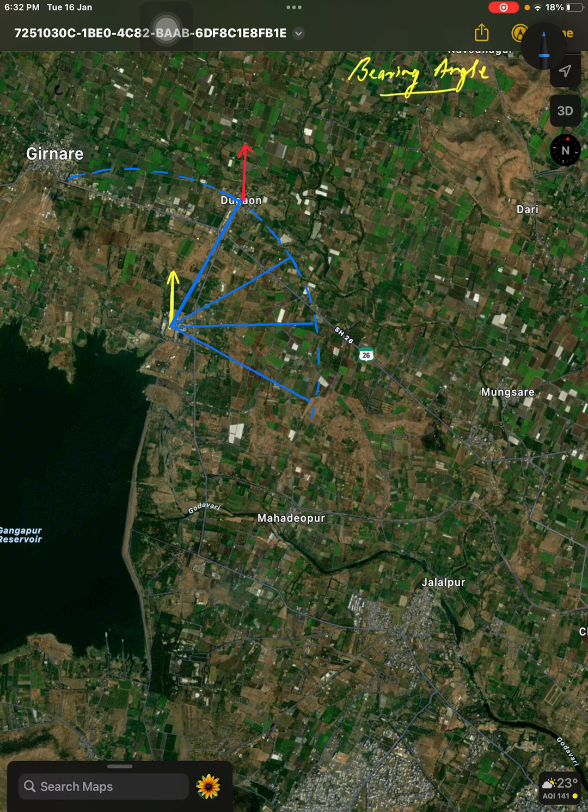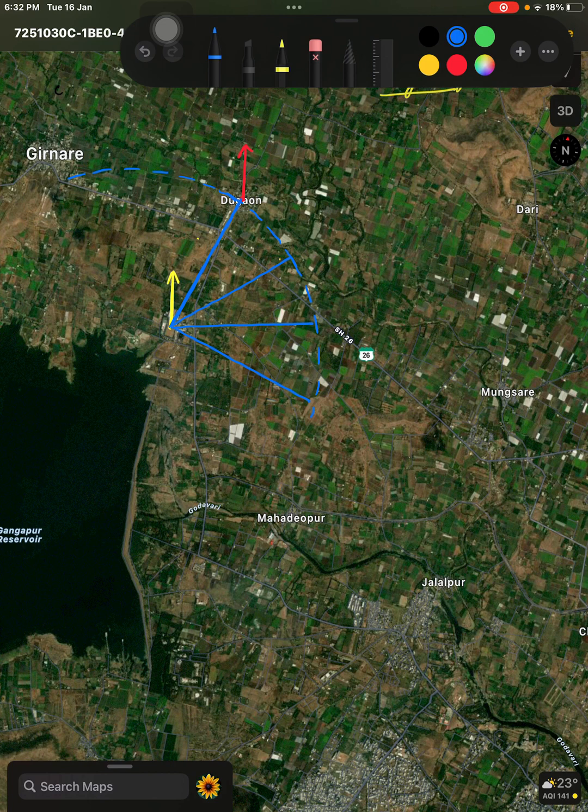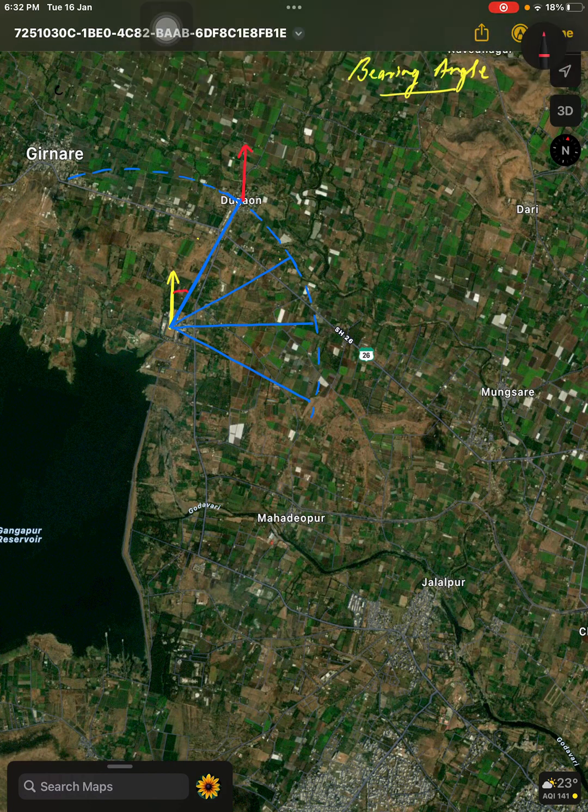But what makes Dugaon unique from our school is this angle. Other places, maybe X, maybe Y, maybe Z, each of them have different angles in the clockwise sense.